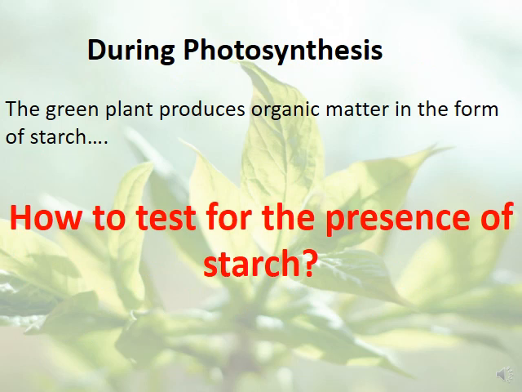During photosynthesis, you have to know that the green plant produces organic matter in the form of starch. So green plants produce organic matter in the form of starch. When? During the process of photosynthesis.